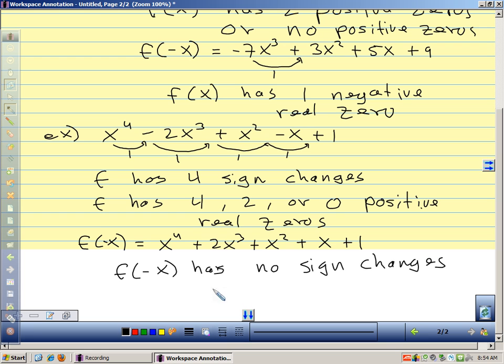So this tells us that f has no negative real zeros. So our list, this one would be fairly easy to solve because I have a 1 at the beginning and a 1 at the end. So our possible real zeros are just plus or minus 1. Descartes' rule of signs says that it can't be negative. It has to be positive.